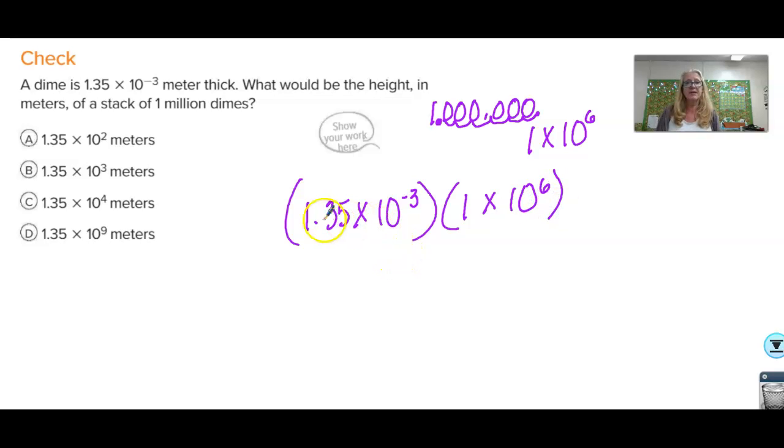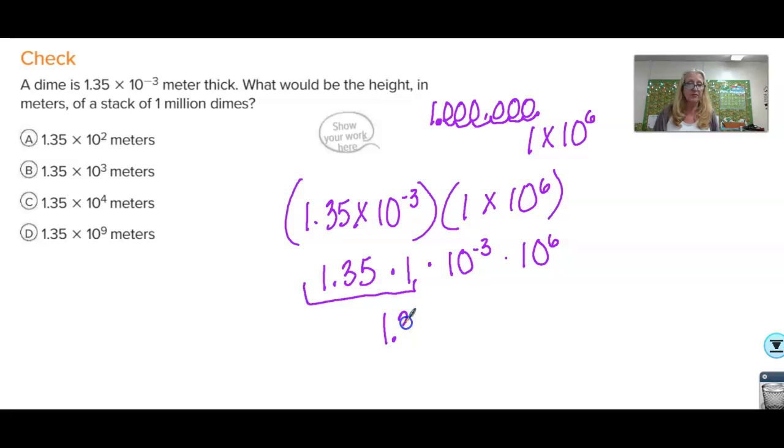Now, because this is just all multiplication, and multiplication is commutative, that means you can rearrange these terms. I'm going to rearrange them so that the regular numbers are next to each other, and the powers of 10 are next to each other. 10 to the 6th. So this is 1.35 times 1, which is 1.35.